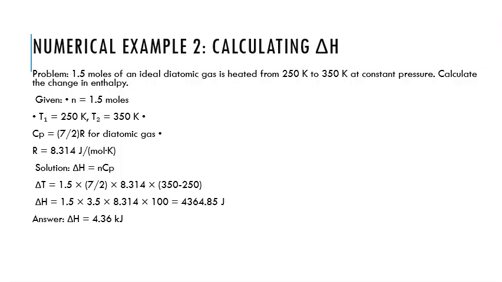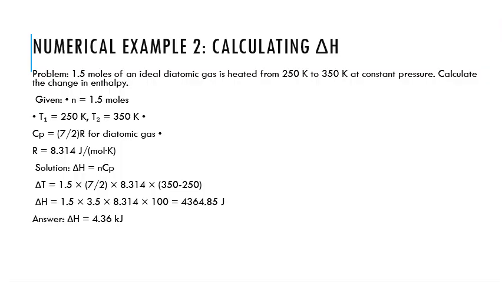Now the next question is calculating delta H. In this example, we have 1.5 moles of a diatomic ideal gas heated from 250 Kelvin to 300 Kelvin at constant pressure. Cp is equal to 7 by 2 R, R is equal to 8.314 joule per mole Kelvin.